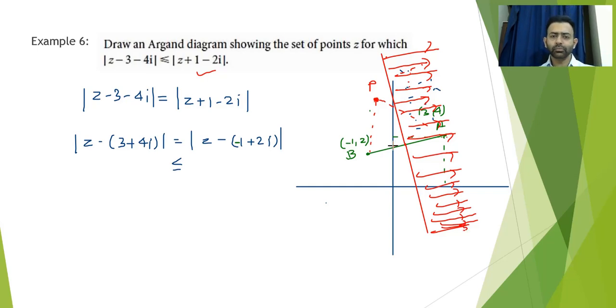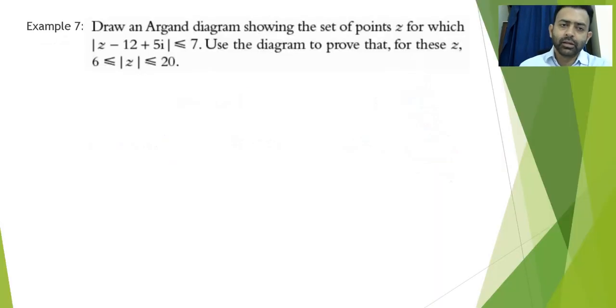Right? Let us take another example. It says: draw an Argand diagram showing the set of points z for which mod of z minus 12 plus 5i is less than or equal to 7, right? So again, this represents a circle, and all the points which are lying on the circle whose radius is 7 and center is 12 comma minus 5, plus the points which are lying inside the circle, because here it is less than or equal to, it is not just equal to.